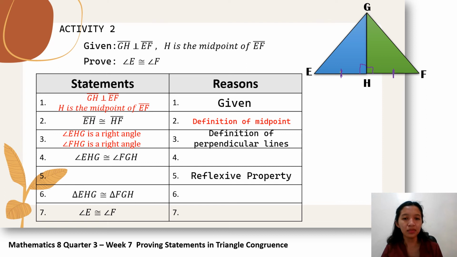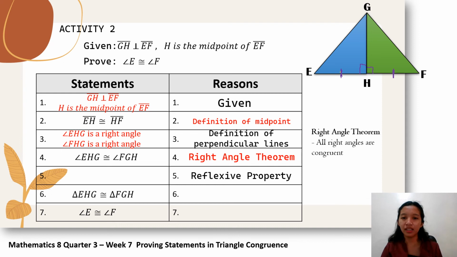And then here in number 4, we have a statement that says angle EHG is congruent to angle FHG. What is our reason for that? It says here that it is a right angle. So our reason is right angle theorem, because when we say right angle theorem, it says that all right angles are congruent.